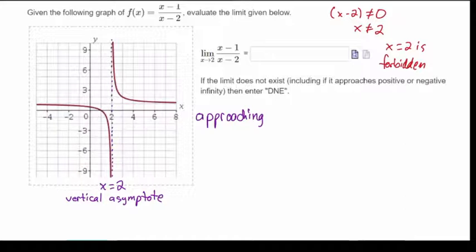And we're going to see here why that matters, because as we approach x equals 2 from the left, what happens to our output? So as we approach from the left, our value suddenly plunges, and we get a very large negative value. And so we're going to represent that as y going to negative infinity.